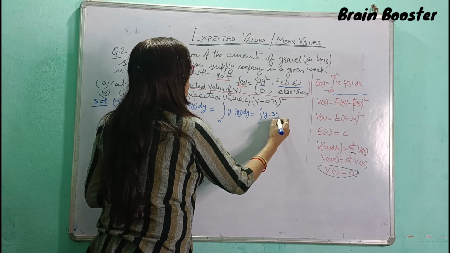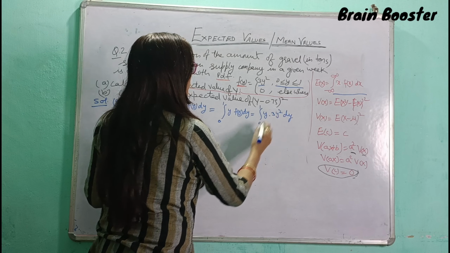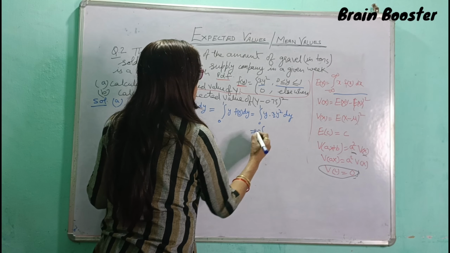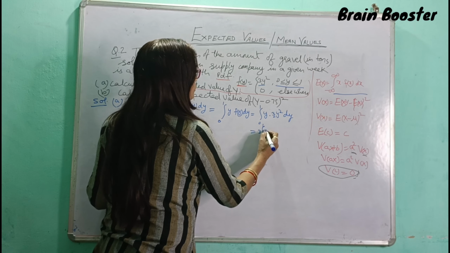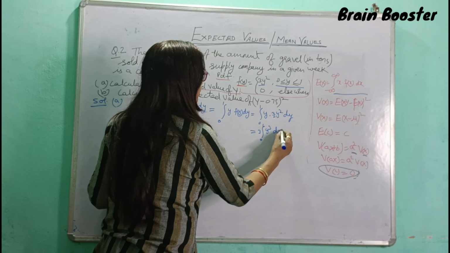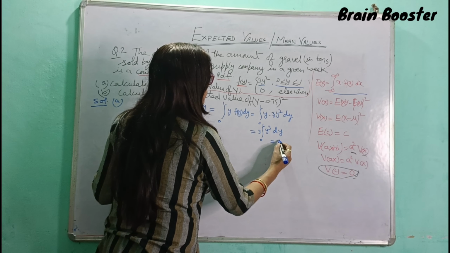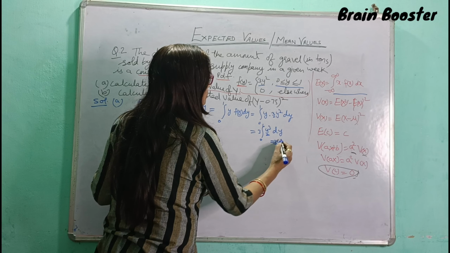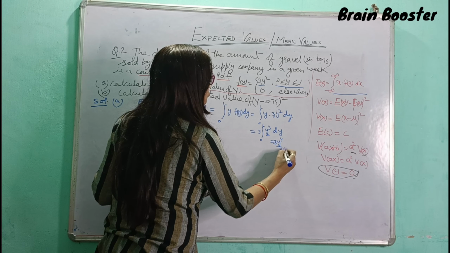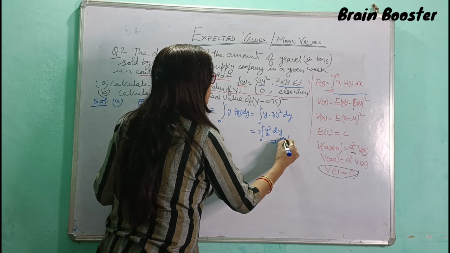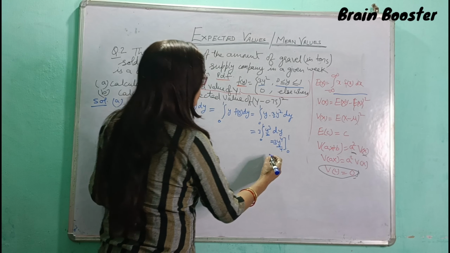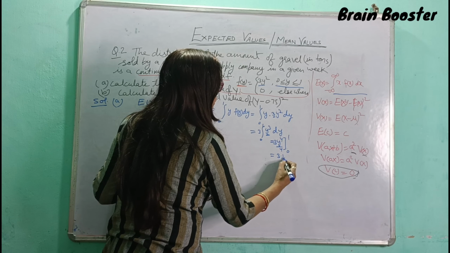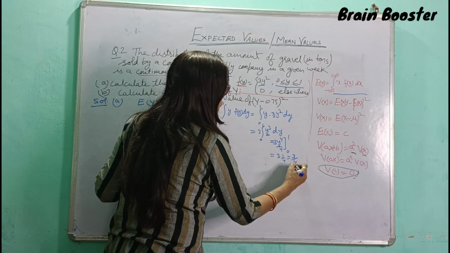This is equal to the integral of 3y square times y dy. The 3 is taken out as a constant term, so it is 3 times the integral of y cube dy. After integrating it becomes 3y to the power 4 by 4 from 0 to 1. Now put the limits. It becomes 3 into 1 to the power 4 by 4, that means 3 by 4.